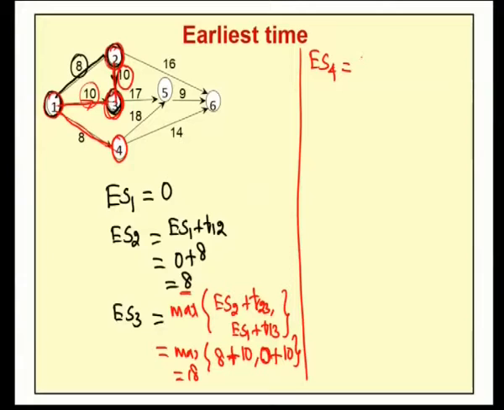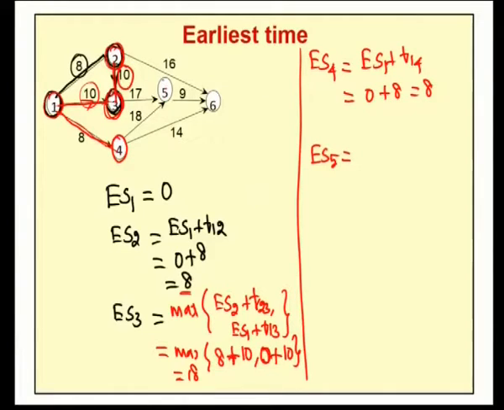Therefore, ES4 is ES1 plus T14. Now, ES1 is 0 plus T14 is 8, which is 8.